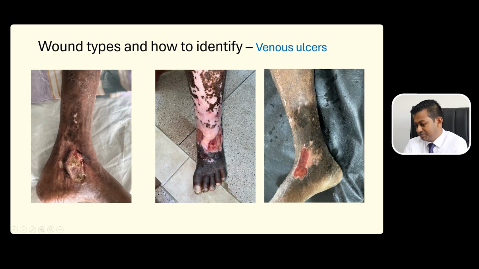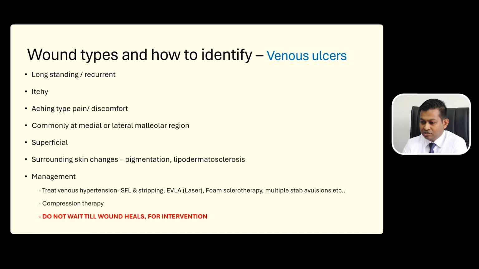and also this one. So usually it's a long-standing or a recurrent ulcer with itching, they may have some discomfort or pain, aching type, and usually at the medial or lateral malleolar region.